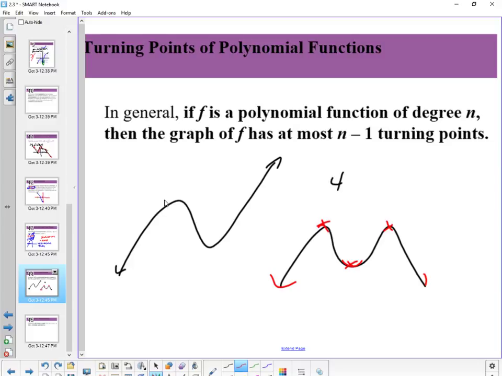That's just the amount of slope changes. But there are 4 different slopes, a maximum of 4 different slopes. Two turning points. And it doesn't have to turn from being positive to negative. It just turns. There's a turn in there, okay?